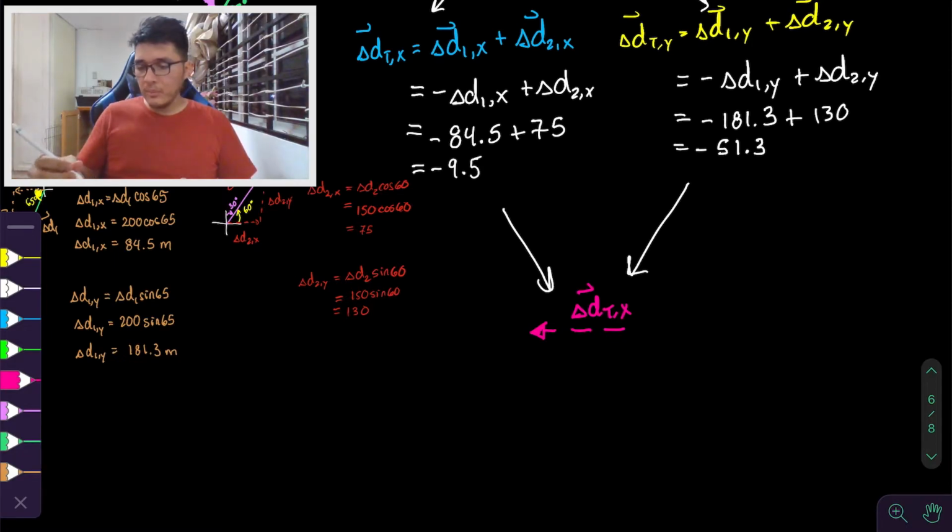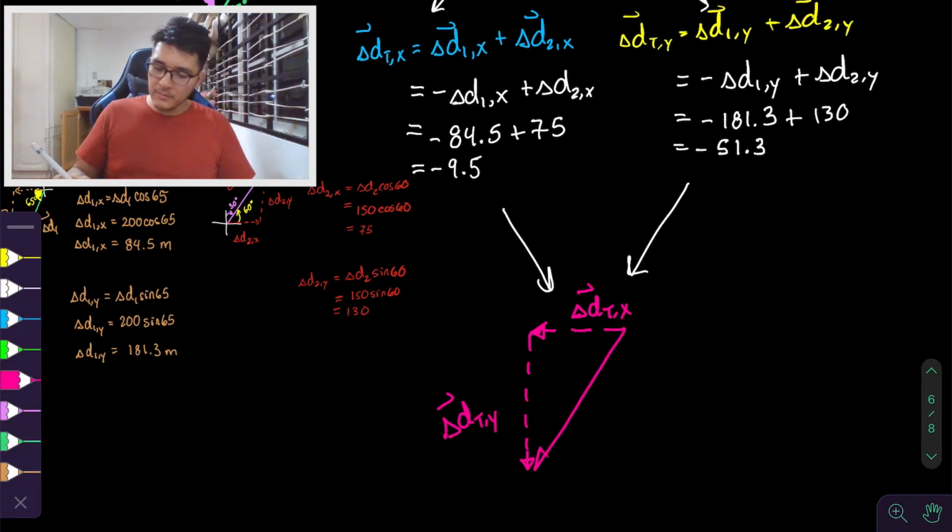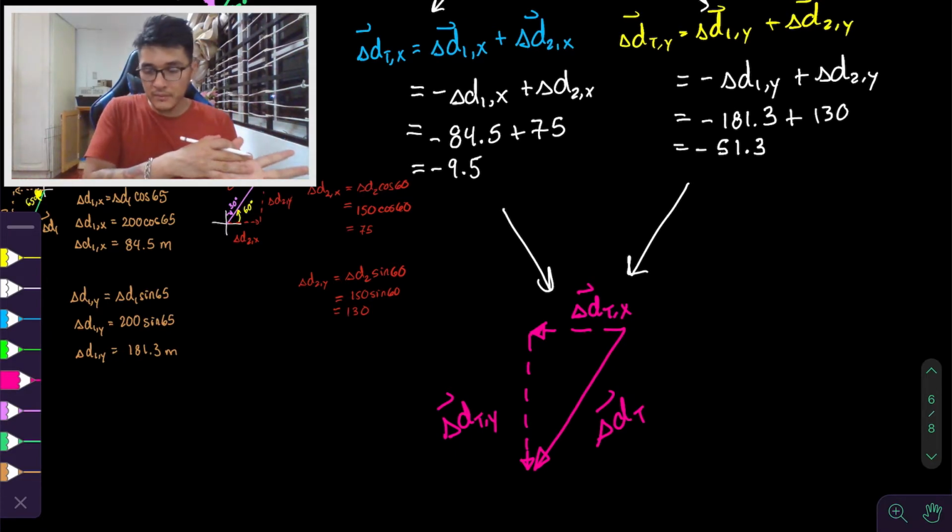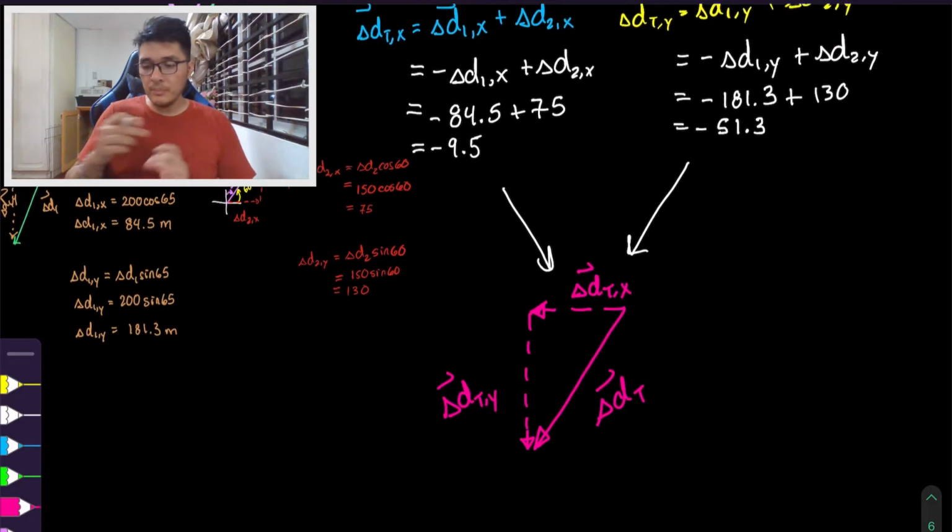And the y component was negative, so it's pointing down. And then our total displacement, we can just now connect. So once we have the x and the y components, we have to reconstruct the original vector, because now we have the two pieces of it.